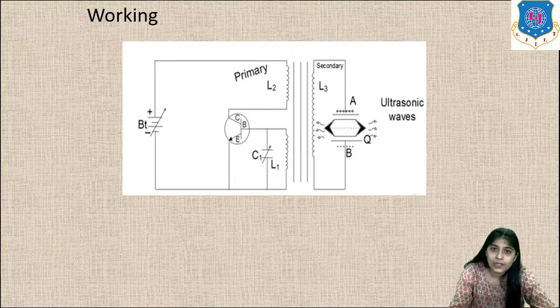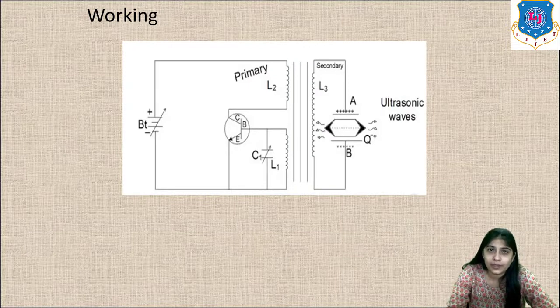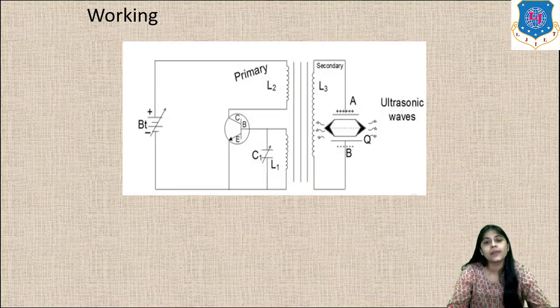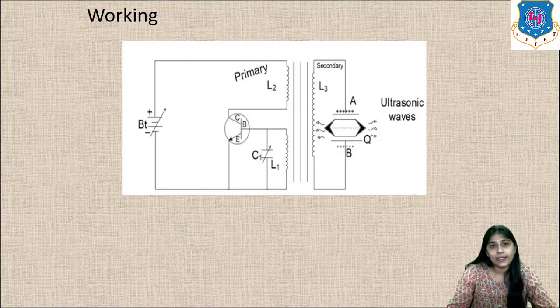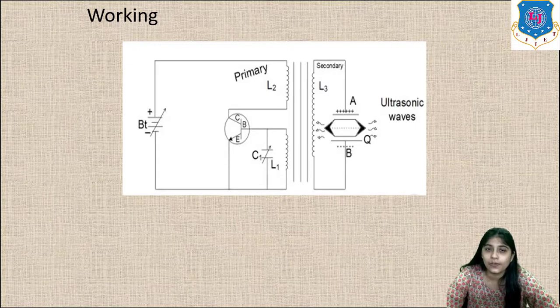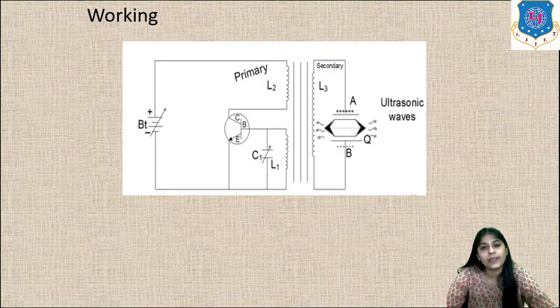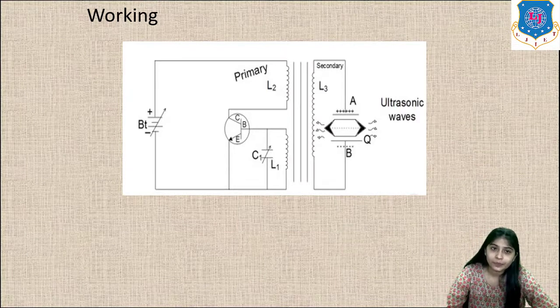Now the inductor coils L1, L2 and L3 are inductively coupled with each other, as you can see in this diagram. The L3 coil is connected with two metal plates, one positively charged and another negatively charged. As you can see, metal plate A is positively charged and metal plate B is negatively charged, and the quartz crystal is placed between these two plates.